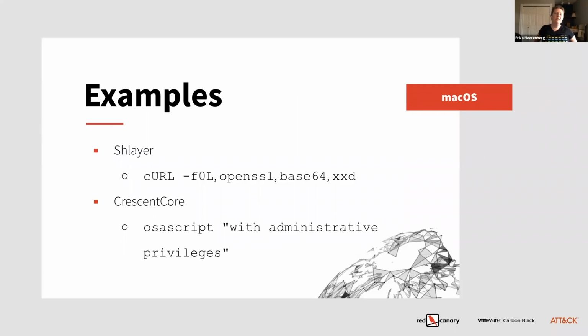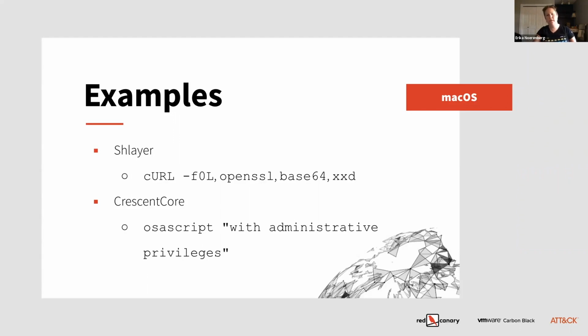Yeah, so when I talked about Shlayer, here's a good example of a very high fidelity detection technique that we found. Each of these utilities, curl, OpenSSL, Base64, XXD, which, if you're not familiar, is a command line hex editor, on their own would be common in a developer environment or IT management, where you're automating backups, automating updates, things like that.